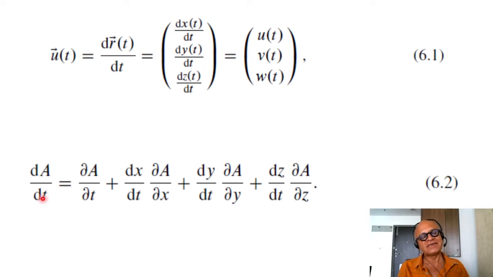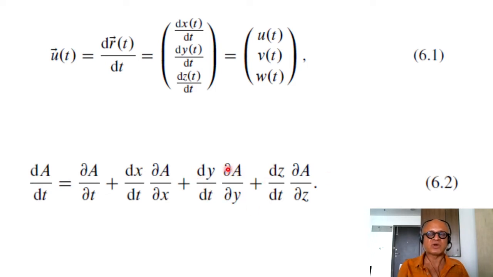So here dA/dt is then partial, the time rate of change of A at a given point, plus dx/dt, because position itself is changing, times ∂A/∂x, how the value of A is changing in the x direction, dy/dt times ∂A/∂y plus dz/dt times ∂A/∂z. Okay, so we are doing dA/dt, which means we do ∂A/∂x times dx/dt, ∂A/∂y times dy/dt.